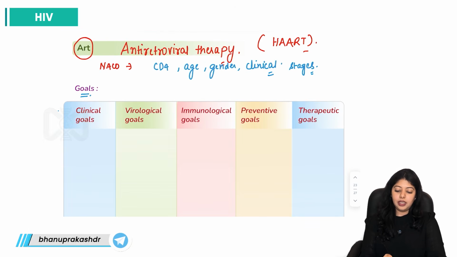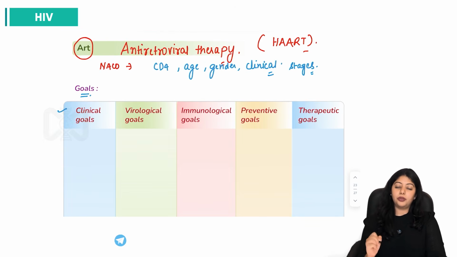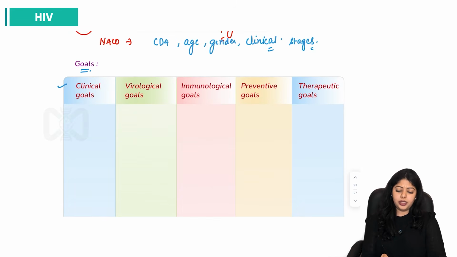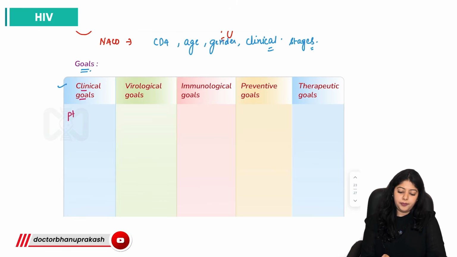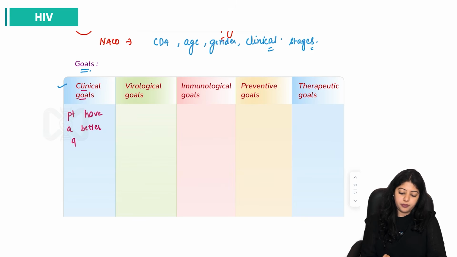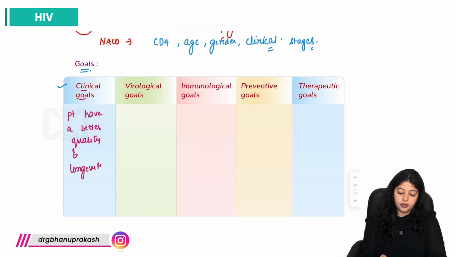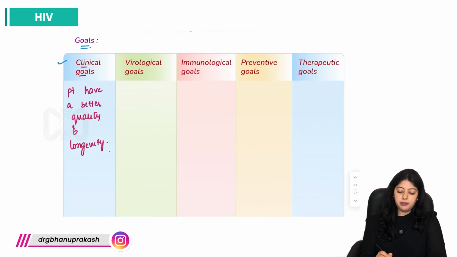Firstly, we have the clinical goal. The clinical goal says that the patient should have a better quality of life and longevity with minimum symptoms.